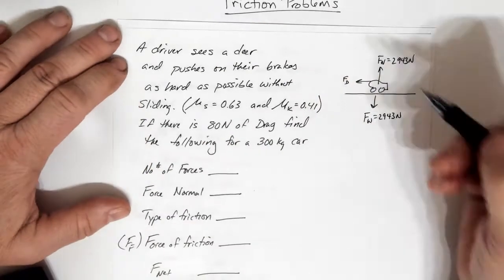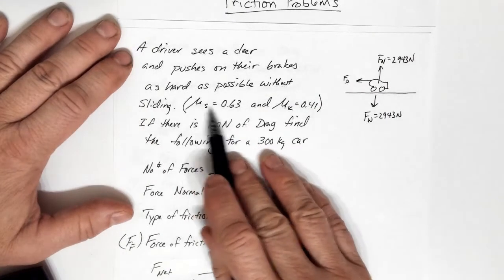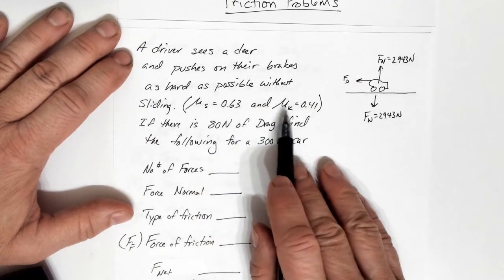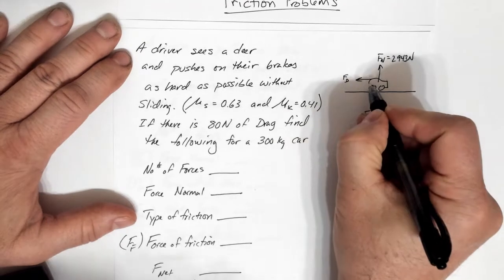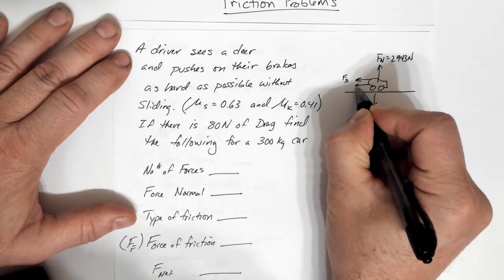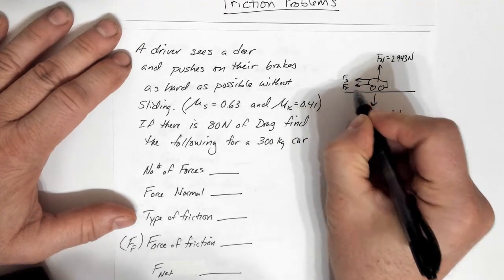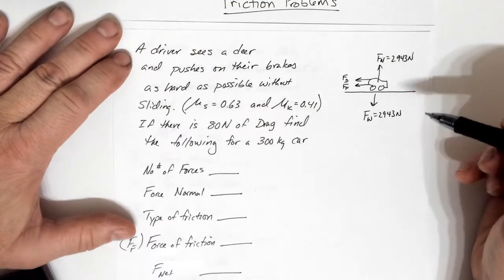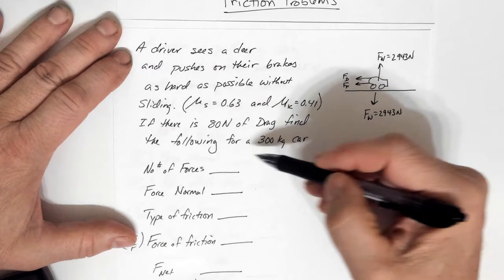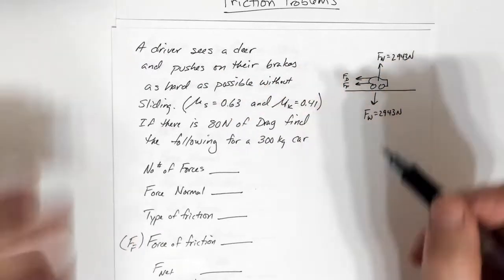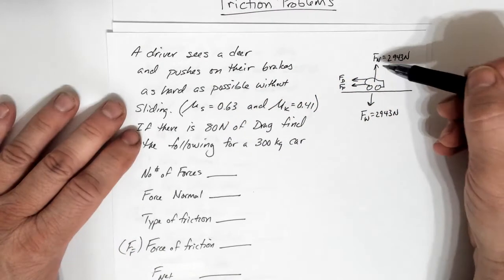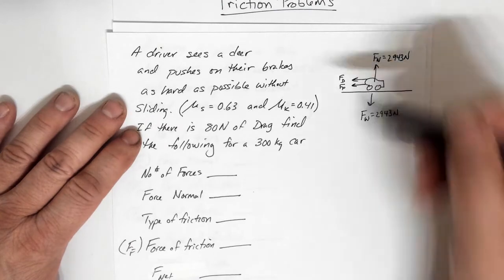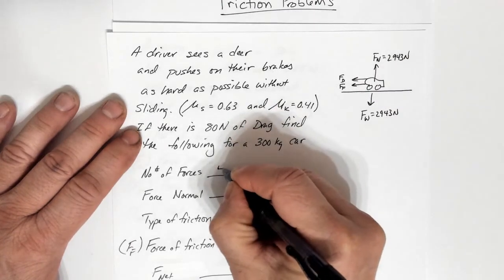But remember, they also have in our problem this mu, which means there is some stopping friction. So there must also be a force of friction from the road and the tires and the brakes. Okay? So that from the information is all I see. I don't see any other information I can enter. So I'm going to say there are 1, 2, 3, 4 forces in my picture.